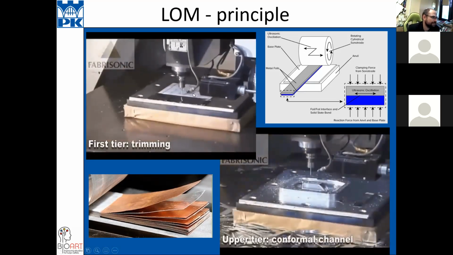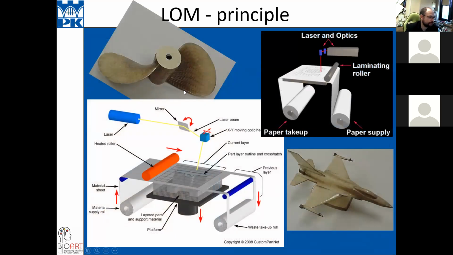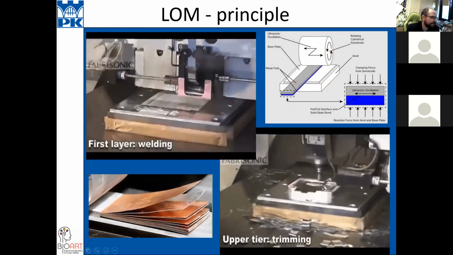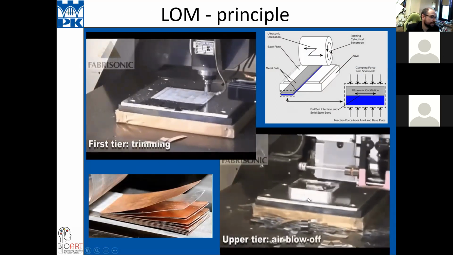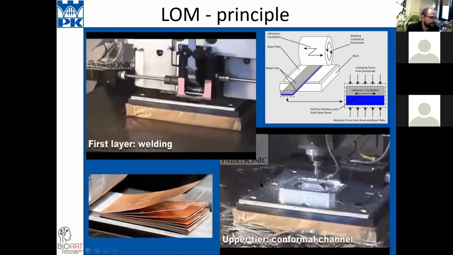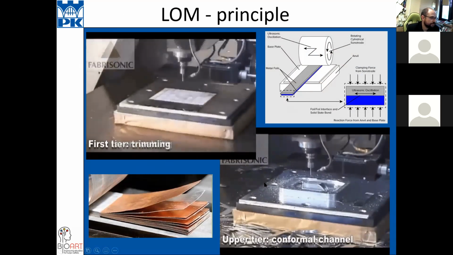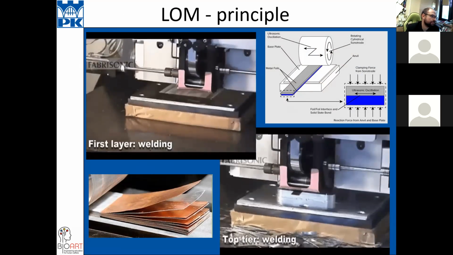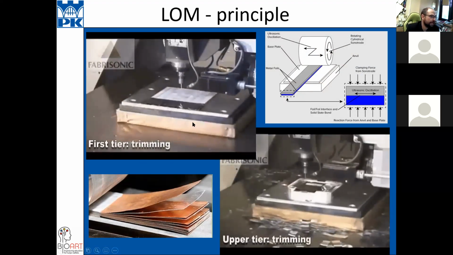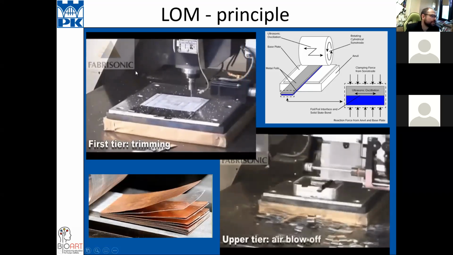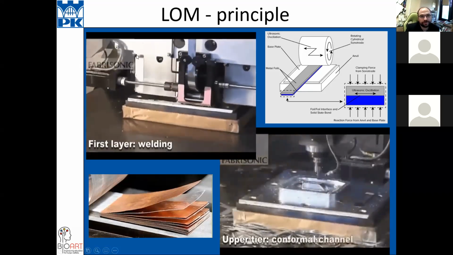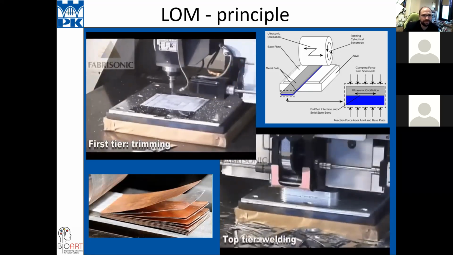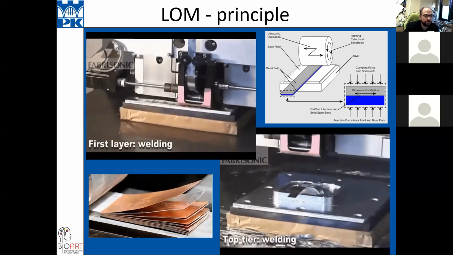Here it was a laser, and here you must use a grinding machine, and you can get some metal parts. Of course, you can use different kinds of materials, and you can change materials when you print. But as I told you, you see the quality of this video. This is a very old video because this is a very old technique, and I think many people forgot about this technique.